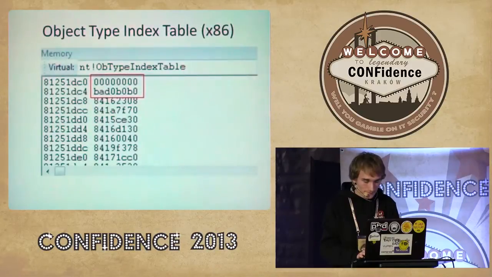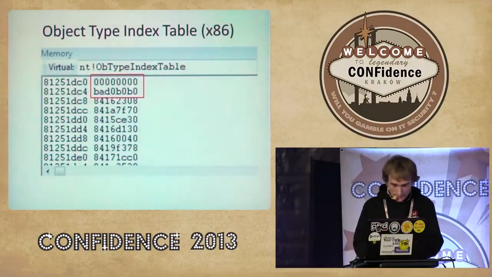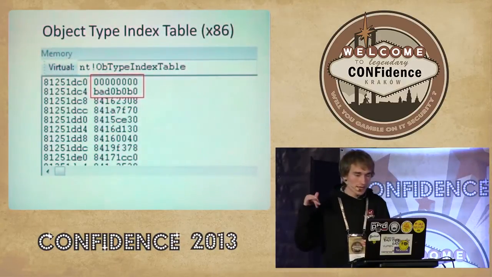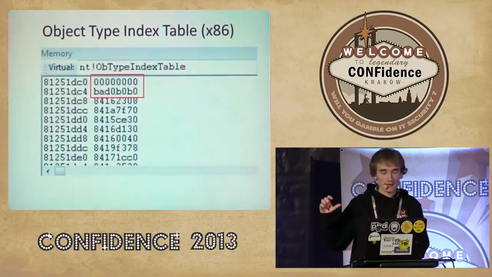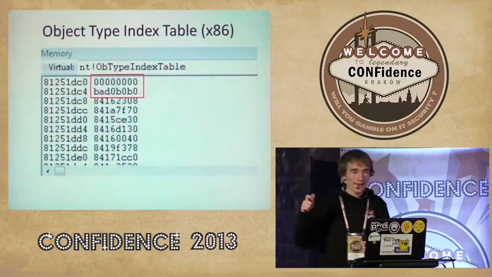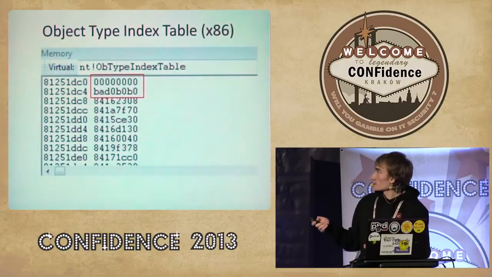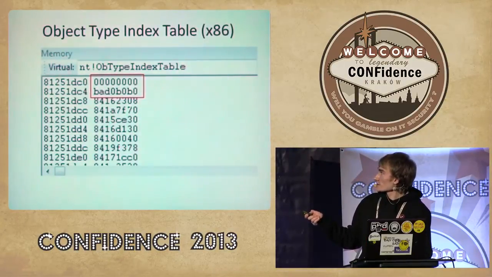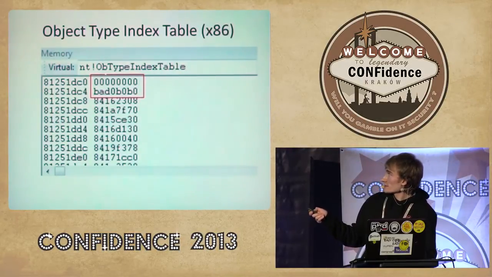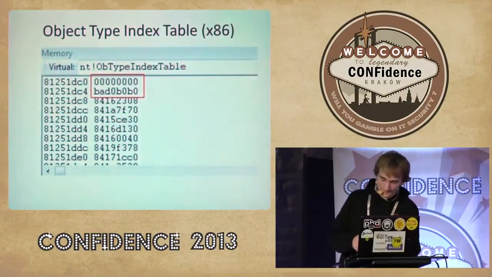Talking about the array of object types, there is an interesting thing: the actual elements start from the third one. There are pointers to actual object types, and the first and second items are special. The first item is 0, and the second item is bad bobo.